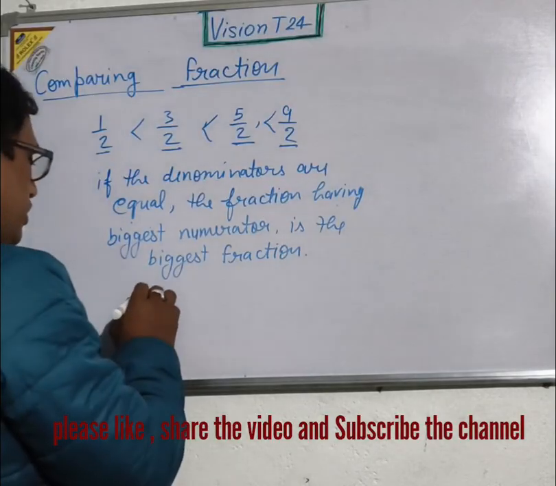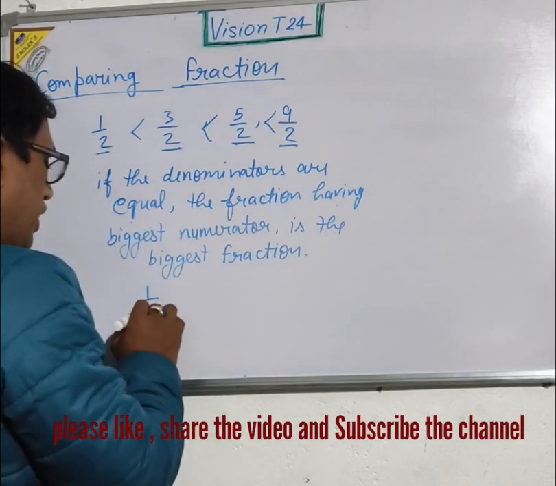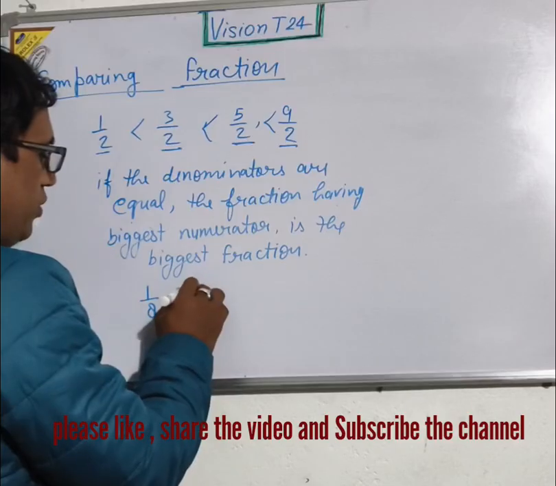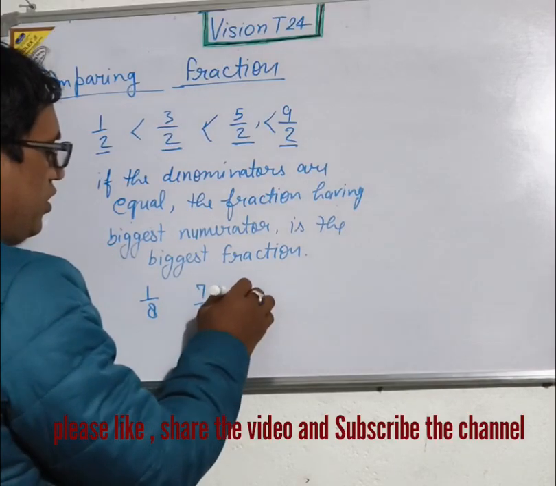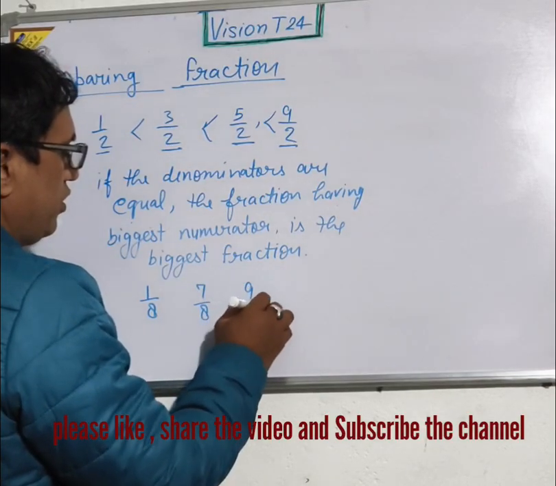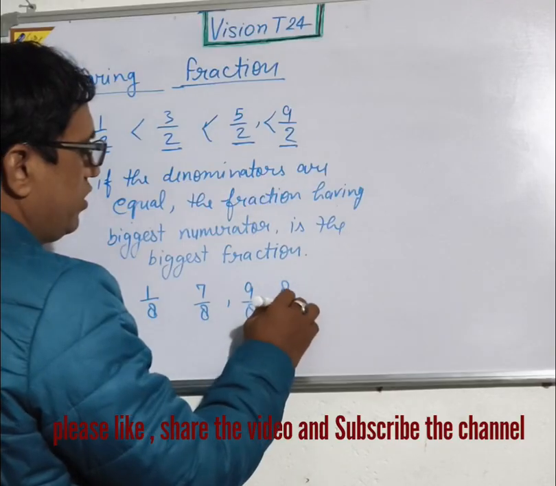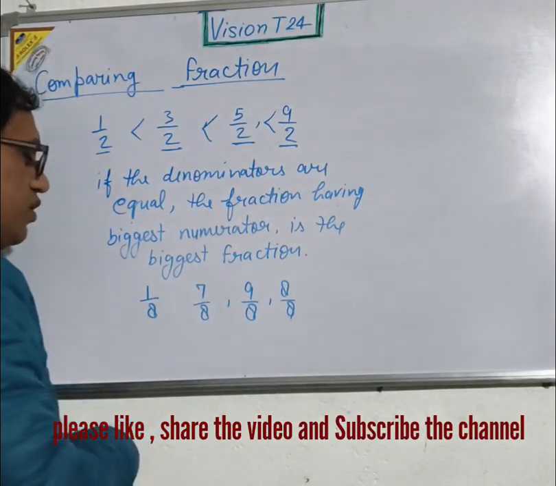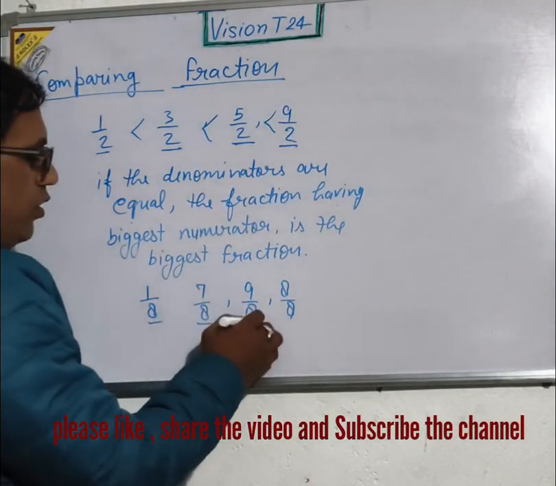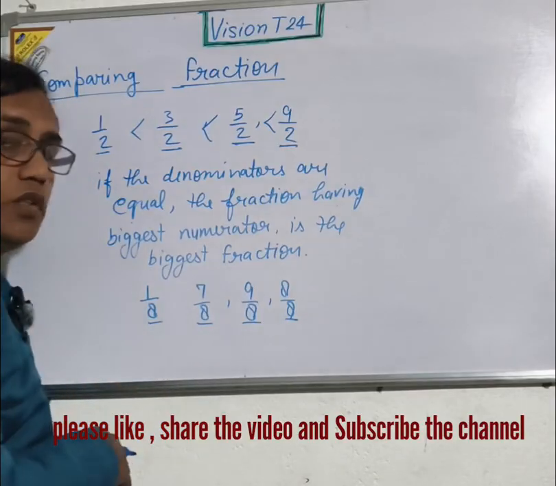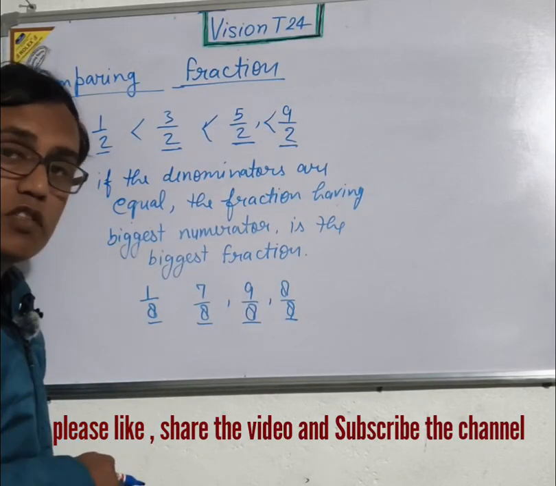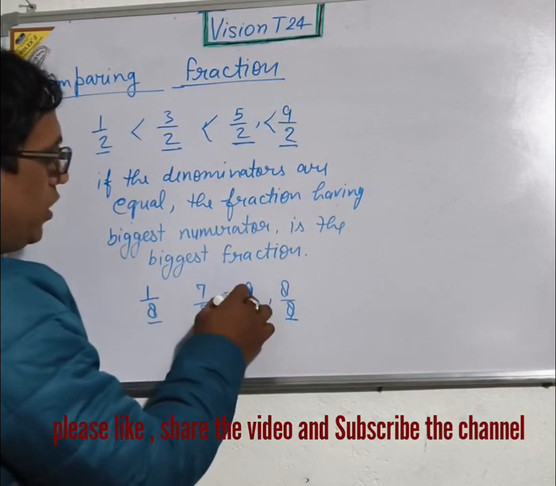If I take another one, 1 upon 8, 7 upon 8, 9 upon 8, 8 upon 8, which is the biggest one? All the denominators are equal, so the fraction having the biggest numerator, that is 9 upon 8.